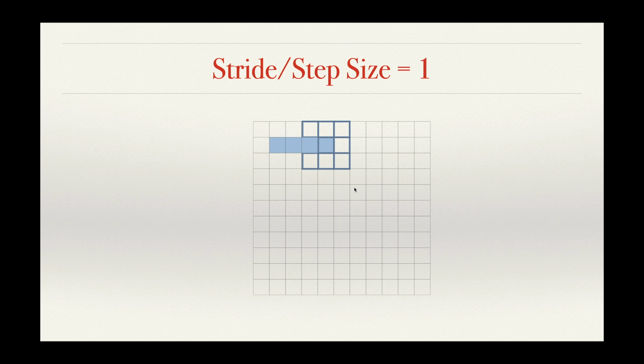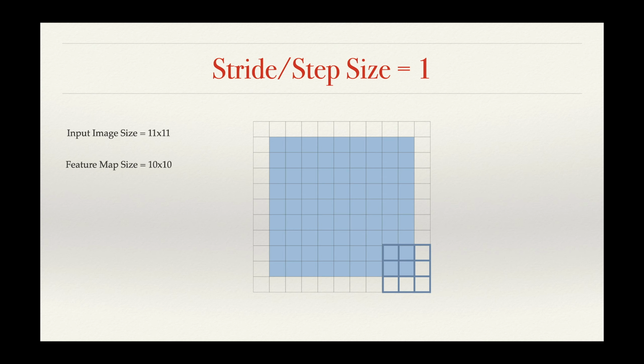If the stride is 1 along x and y, along rows and columns, then when I finish this row, I will also move 1 row only and do the convolution.